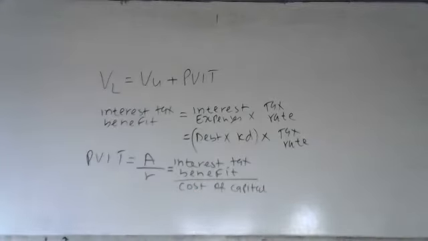So to compute the present value of the interest tax benefit, we simply take the annuity and divide by R.